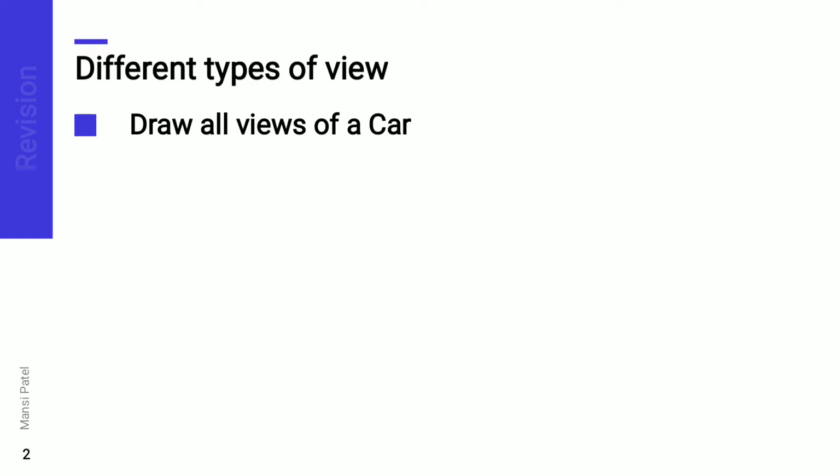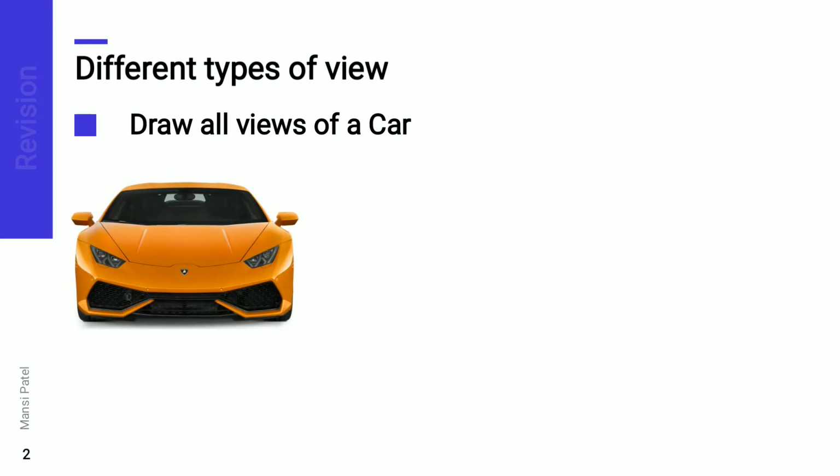Now one question arises in your mind: what is the meaning of views? If you see any object from the top, then how it looks is known as the top view. So see here, which view is this?